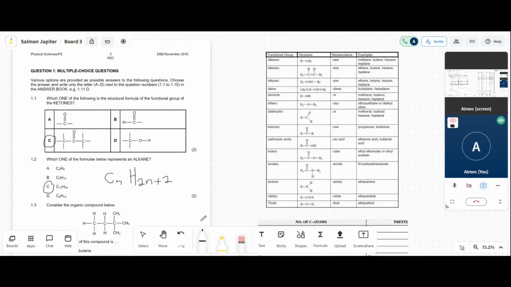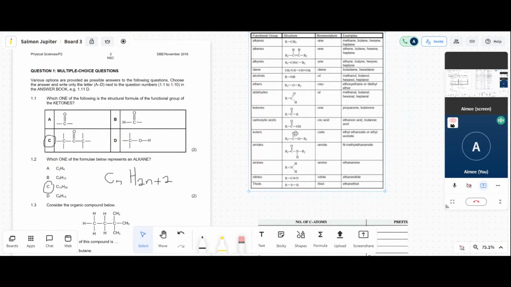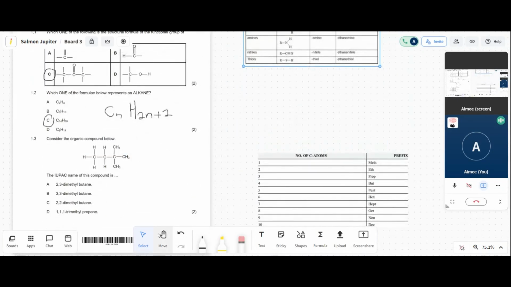I do just want to quickly write the general formulas for alkenes and alkynes. Like I said, if you have another exam and they're asking for an alkene or an alkyne instead, it will help to have these general formulas memorized.